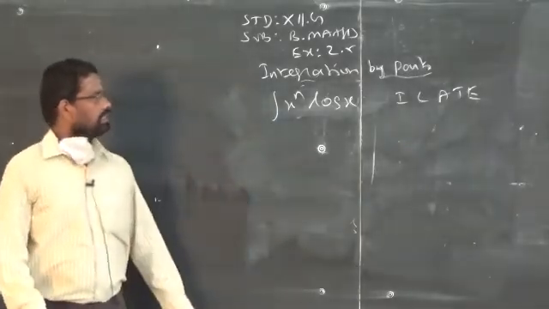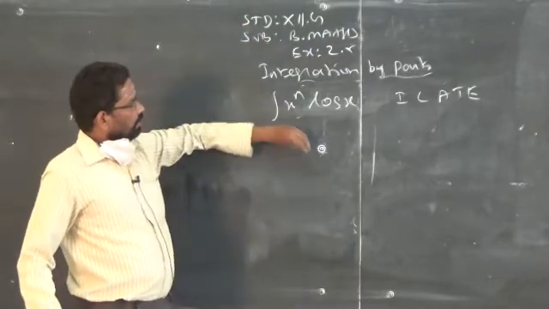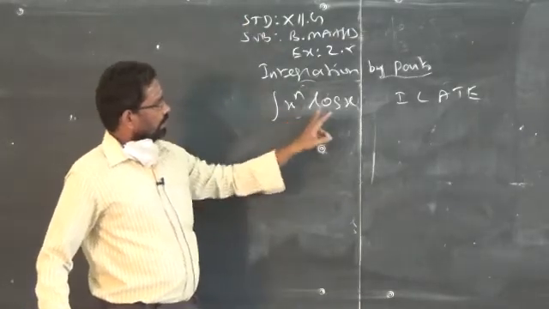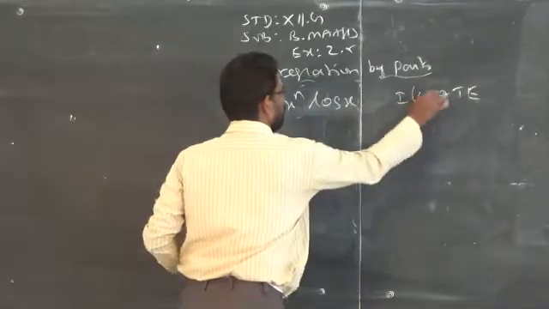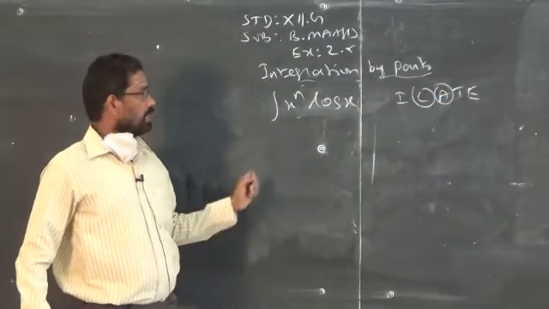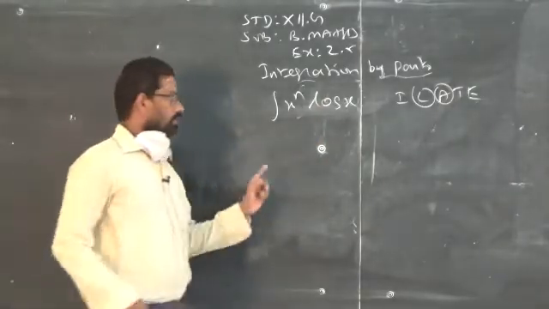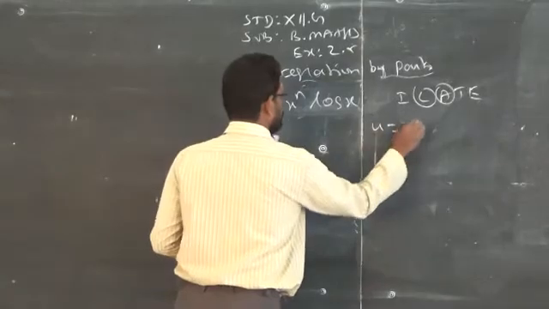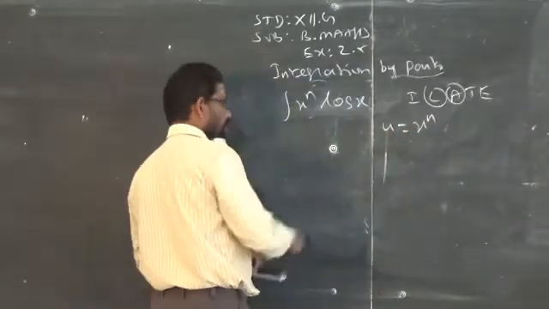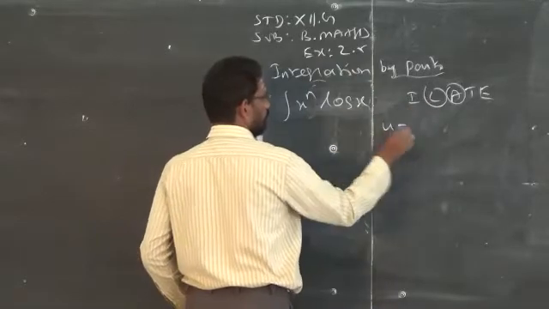The next class I will teach this one, because you may have some opinion. See, ILATE: log is there, algebraic expression also there. In some questions you have to consider u is equal to x power n, then you take log x as dv. Remember, if I am taking x power n, according to ILATE you have to take u is equal to log x.